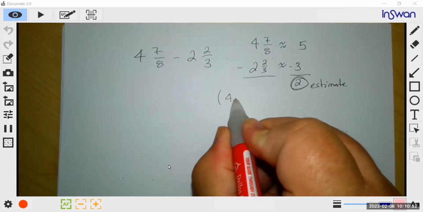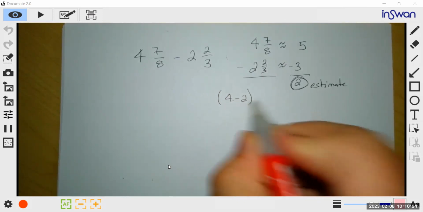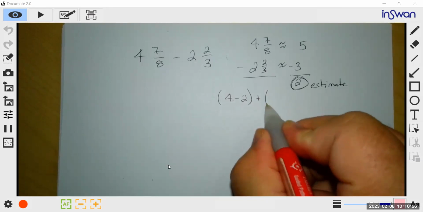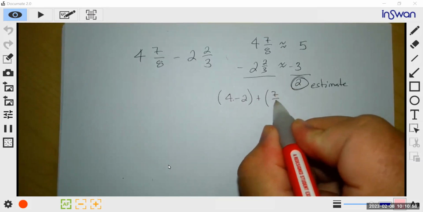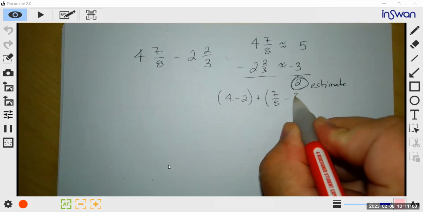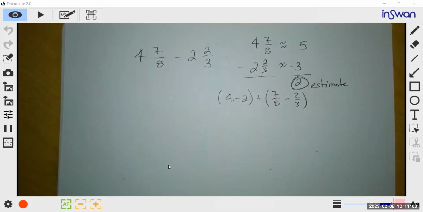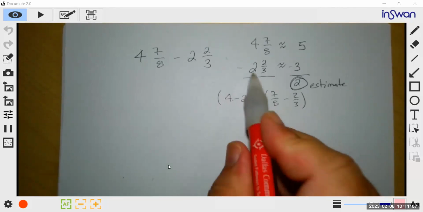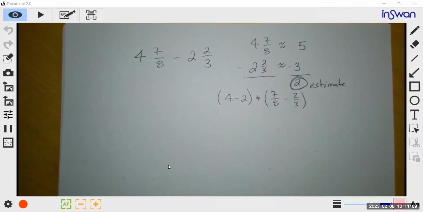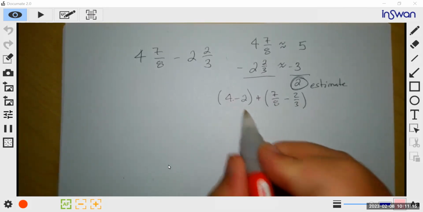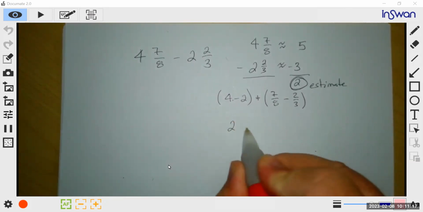So it's 4 minus 2 plus 7/8 minus 2/3. Or it's always plus when you separate the integers from the fractions. 4 minus 2 is 2.